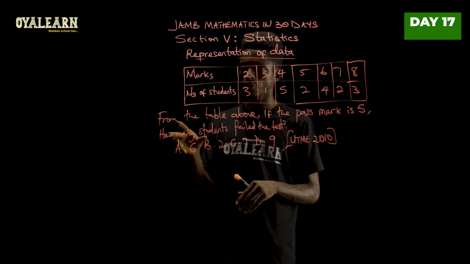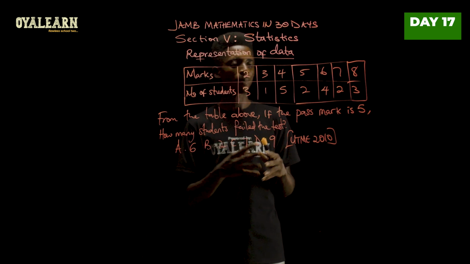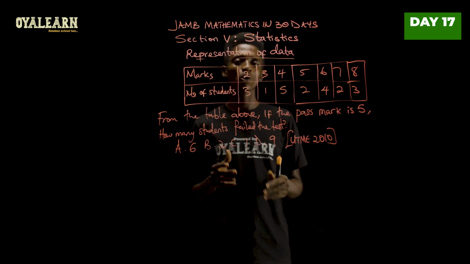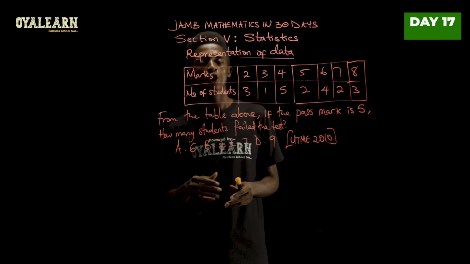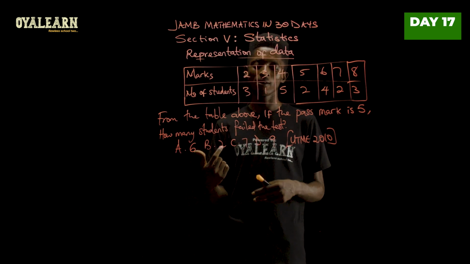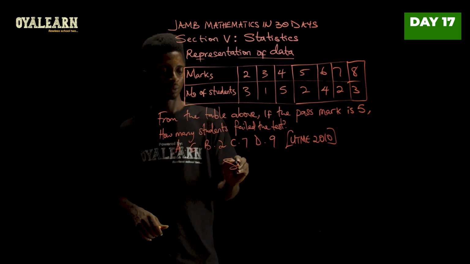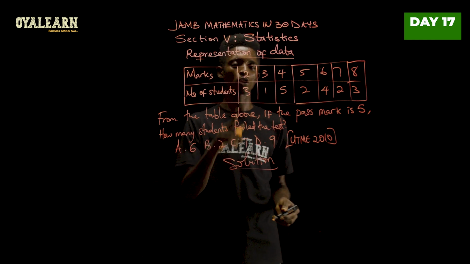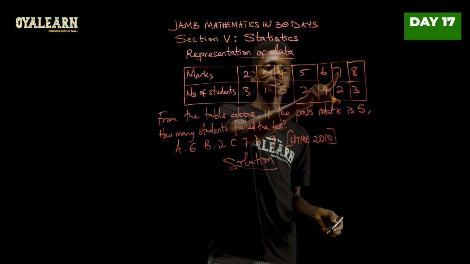This question says, from the table above, if the pass mark is 5, how many students failed the test? That is, we're going to consider the number of students that scored below 5 marks. Now from the table, we see marks such as 2, 3, 4, 5, 6, 7, 8.